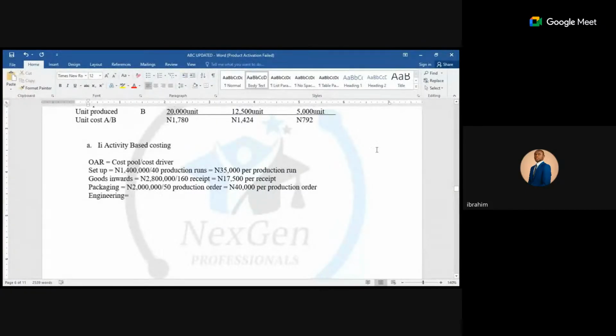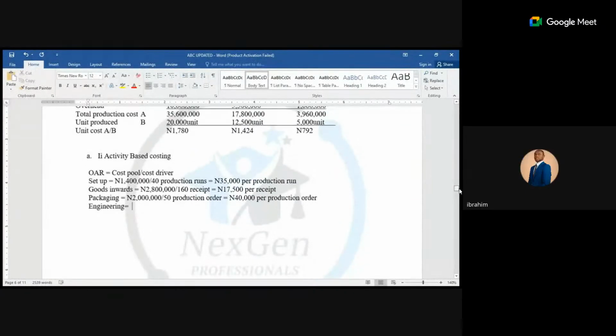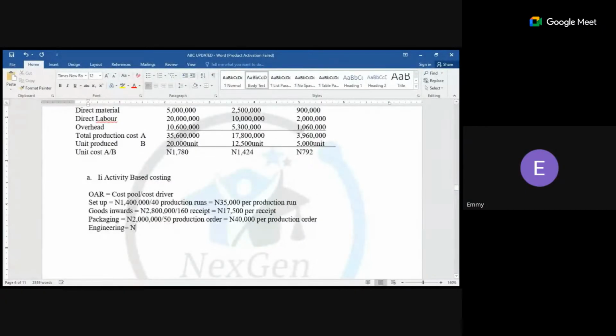Okay, what is the cost? 1.8 million. So it's based on what, class? Production order. So what do we have here? 36,000 naira per production order. Thank you. 36,000 naira per production order.